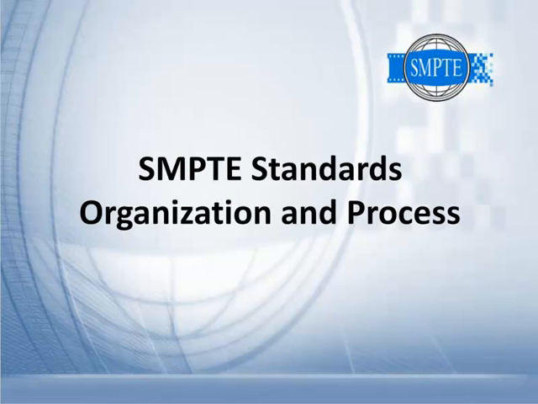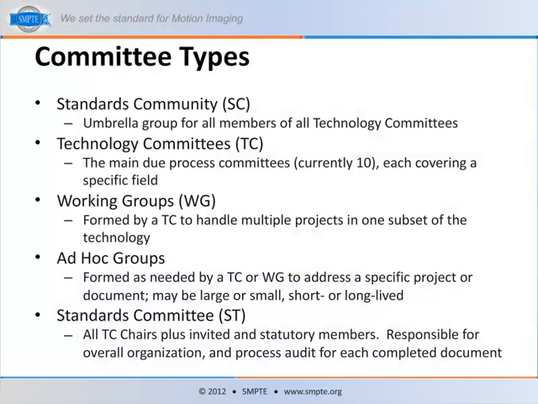So let's talk about how SMPTE standards happen, what the organization is and the process for creating them. We have a number of committee types. Just from an organizational point of view, we have a group called the Standards Community, and this is the umbrella group that everybody joins if they want to take part in the SMPTE standards process.